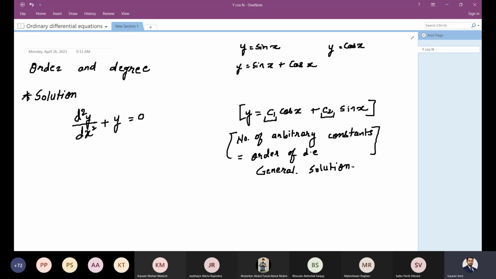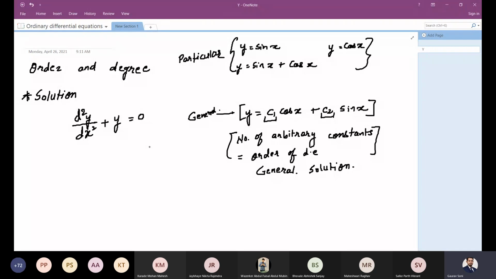In the above cases, all these three are particular solutions and this solution is general. That's all about solutions of a differential equation.